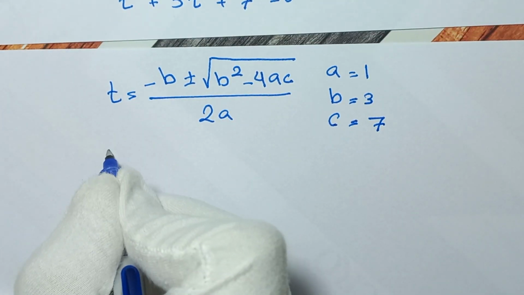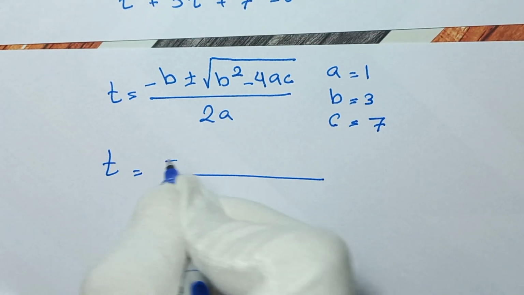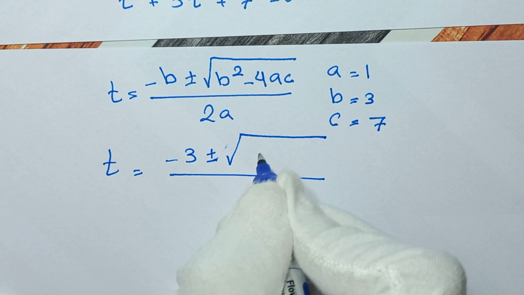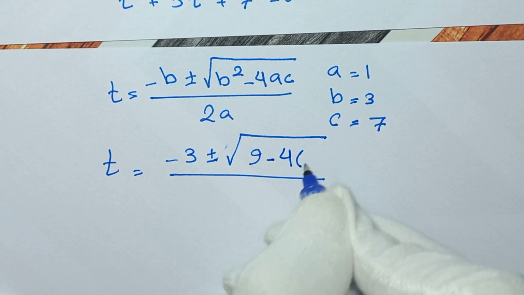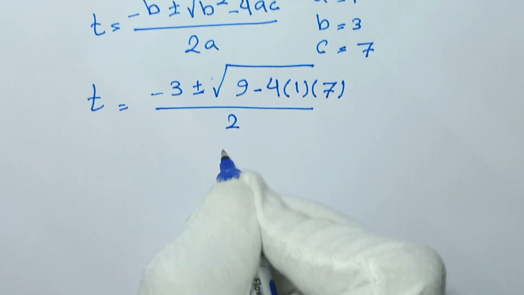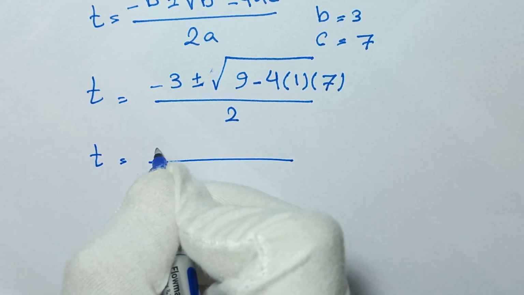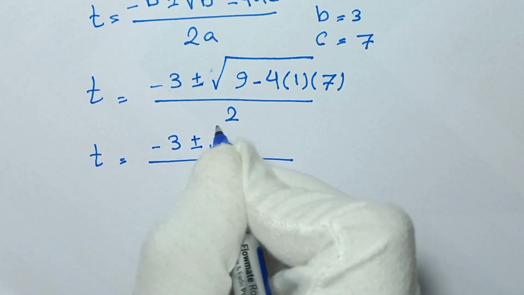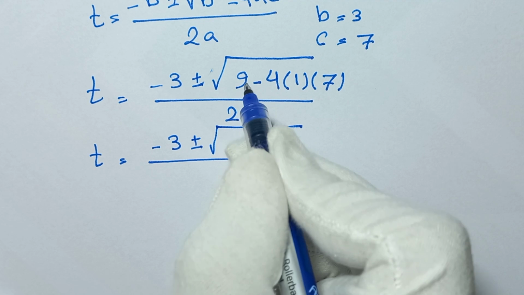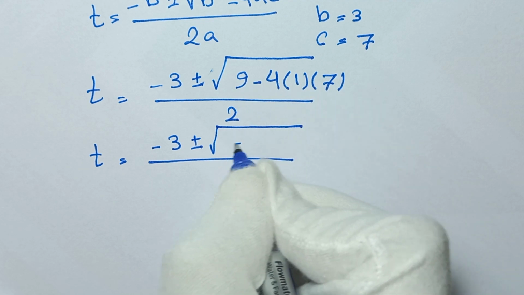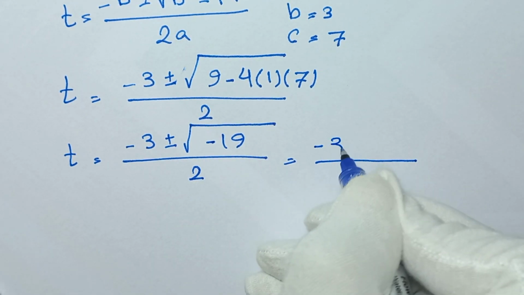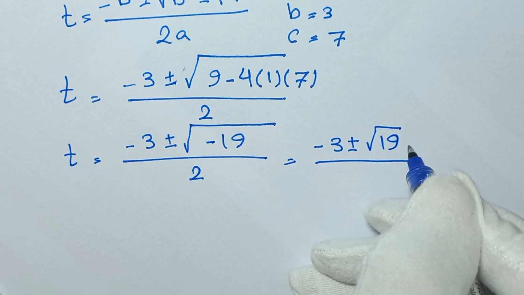And it will be t is equal to negative b, negative 3, plus or minus square root of b squared, which is 3 squared is 9, and minus 4ac, 4 times a is 1, and c is 7, over 2a is 2, and it will be t is equal to negative 3 plus or minus square root of, in here 4 times 1 is 4, and times 7 it will be 28, and 9 minus 28 will be negative 19, over 2, and in here it will be negative 3 plus or minus square root of 19i over 2.